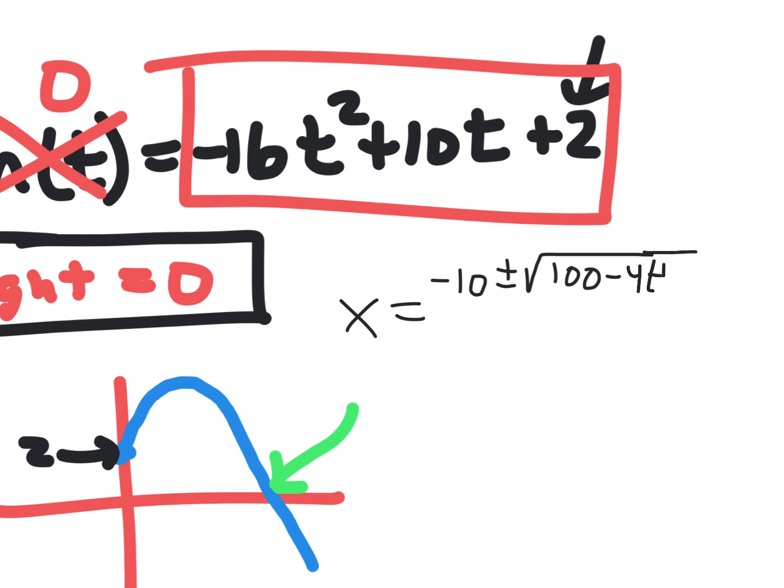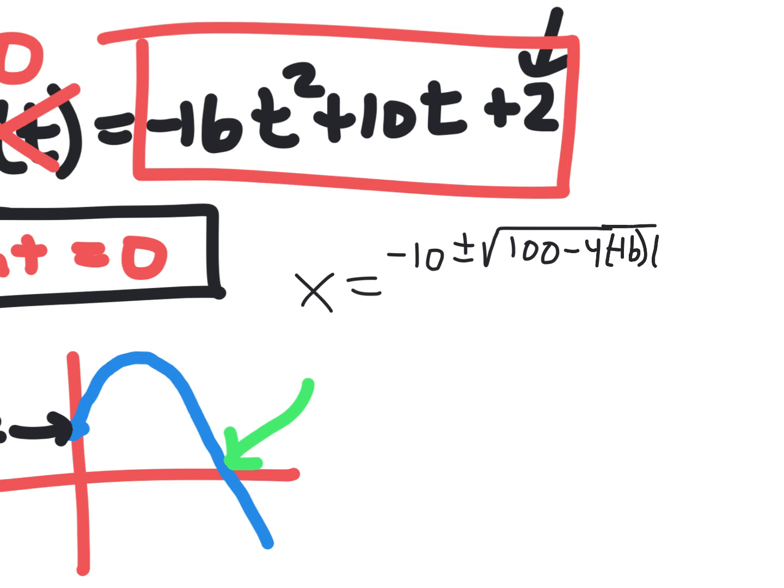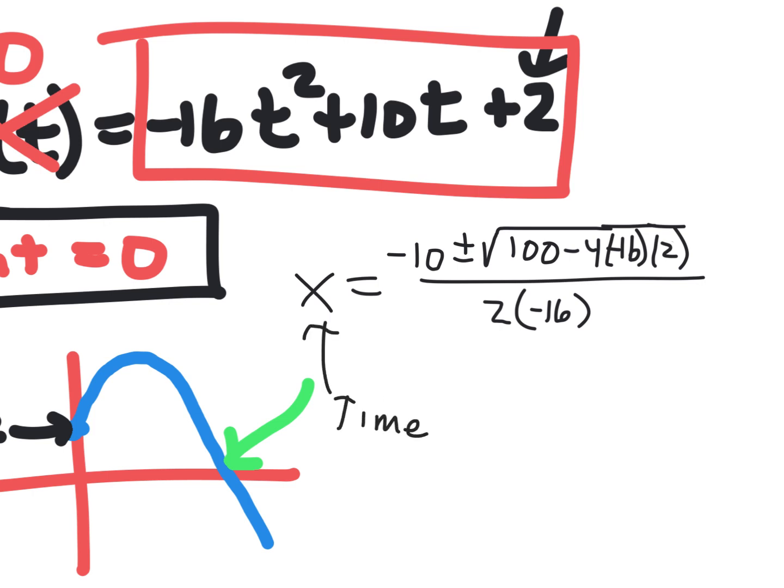Yep. Times c. Yep. So I'm replacing c with a 2 here. All over 2 times a, what's a again? And that will tell us x, which is time. That'll tell us the time when the ball hit the ground.